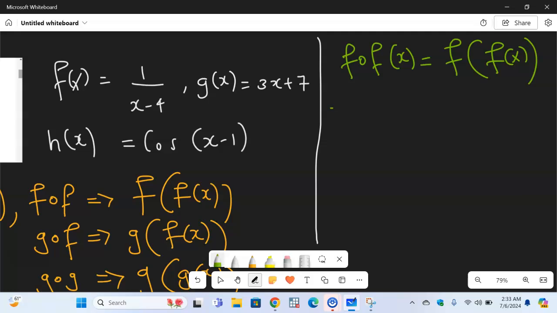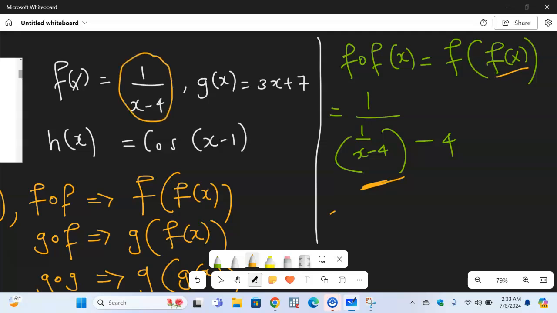So in this case, we have 1 over, where there's an x, you put 1 over x minus 4, then minus 4. You notice the position of x here was replaced by the whole function f of x. Where there is an x, you replace with the whole function f of x, and then you solve. Okay, let's solve this and see what we get.